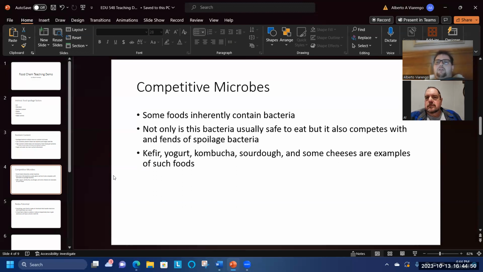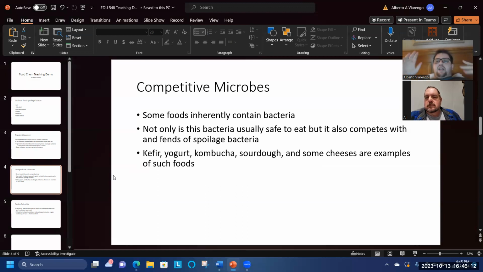They can also have probiotic health benefits when consumed. Important to note though that these friendly bacteria, if left unchecked, can themselves become spoilage if they multiply too much. It's all about monitoring and keeping things right.